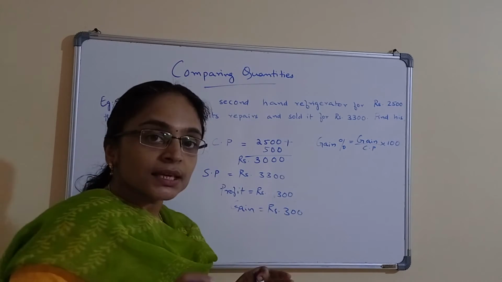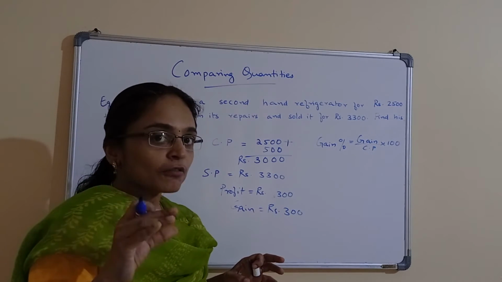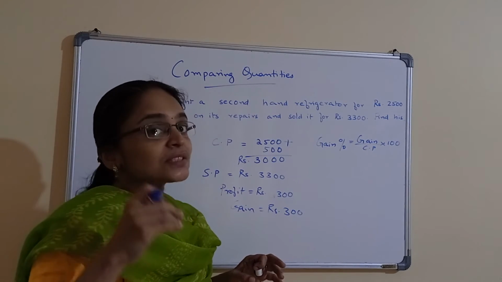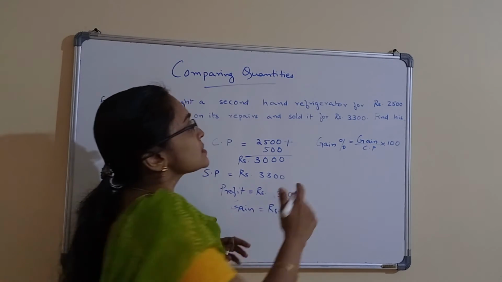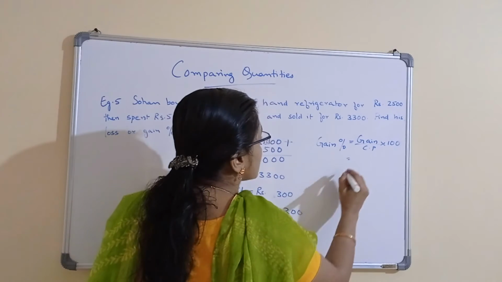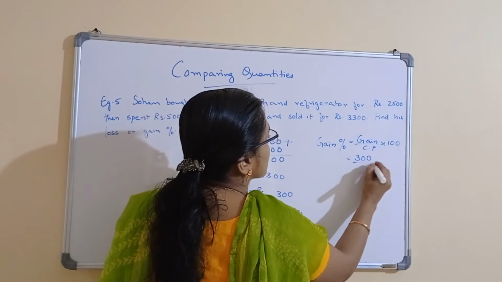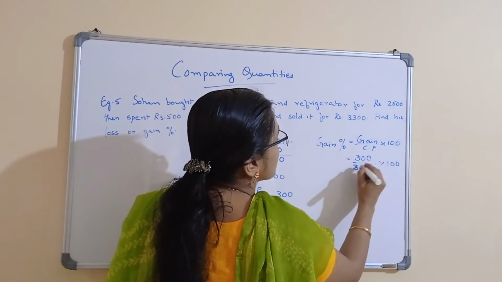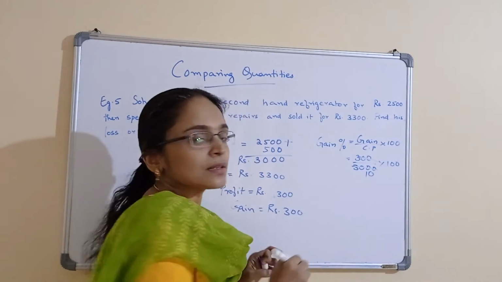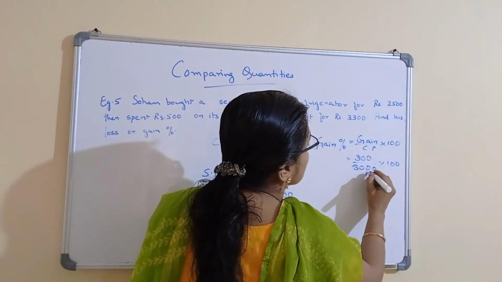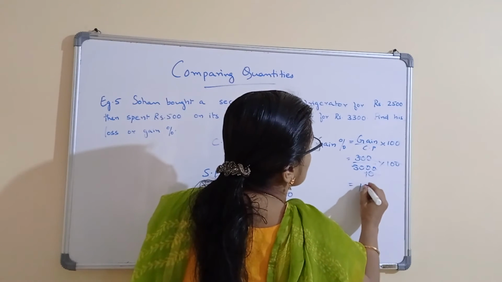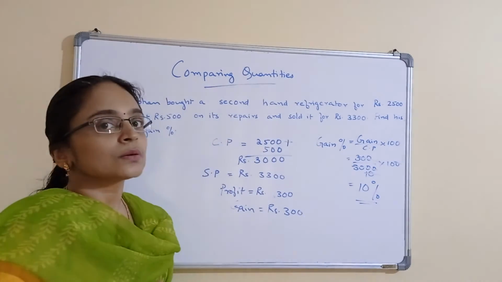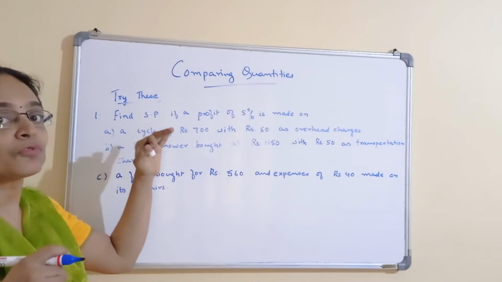That is, we are finding it on the cost price. Profit or loss, we are finding on the cost price because it depends on the cost price. So this is equal to 300 by 3000 into 100, and 300 will go in 3000 10 times. So 100 by 10 is 10. So what is the gain percent? It is 10%. Okay.